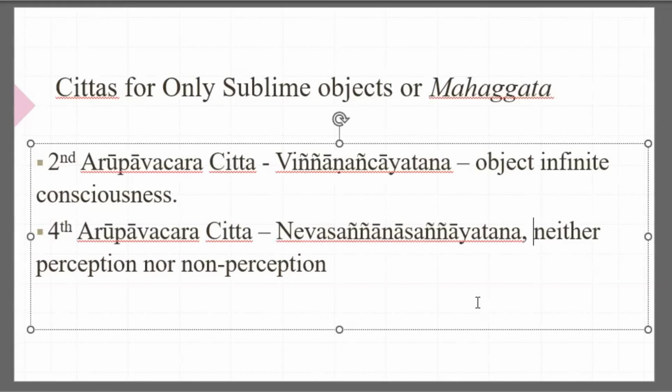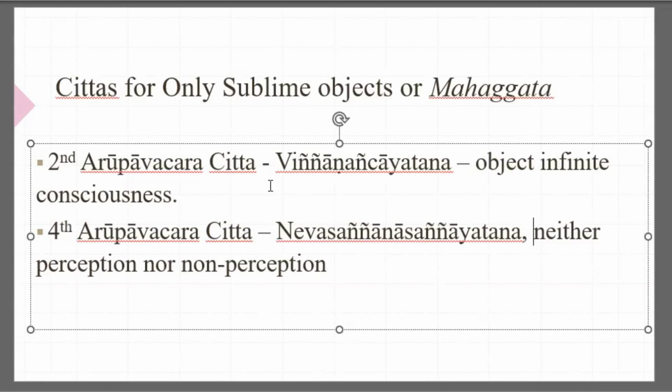So the objects of these Cittas are sublime. I will repeat again. The object of the second Arūpāvacara Citta is the first Arūpāvacara Citta. The object of the fourth Arūpāvacara Citta is the third. So these two Cittas take only sublime objects.